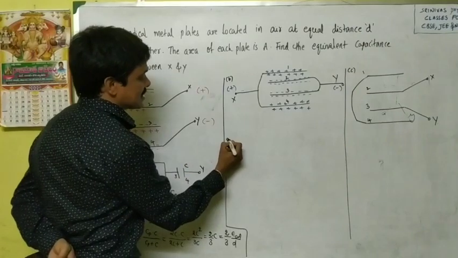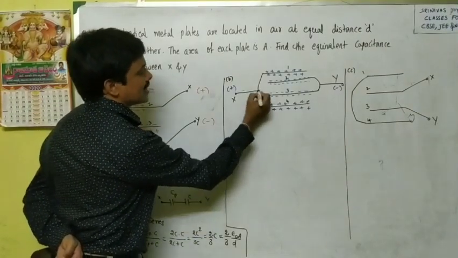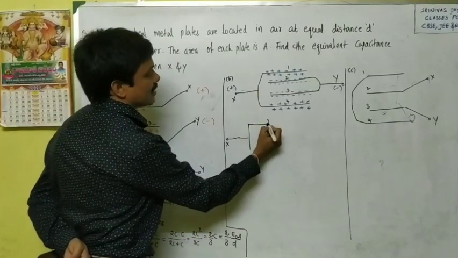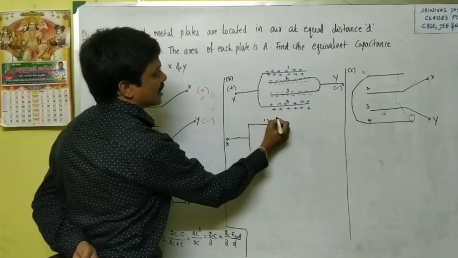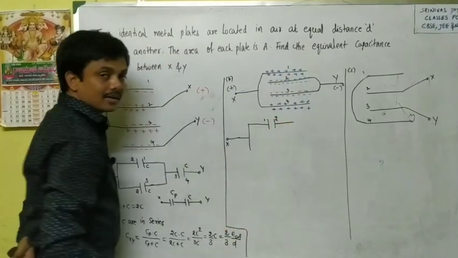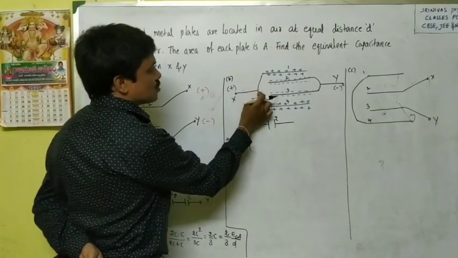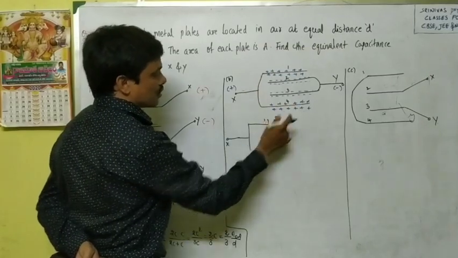You start from X. Okay, X I am starting. And X goes to what? One plate, plate 1. Okay, I will draw plate 1. And 1 along with 2 acts as one capacitor, right? Okay, completed. And then you also start from X. X not only goes to 1, X also goes to 4.